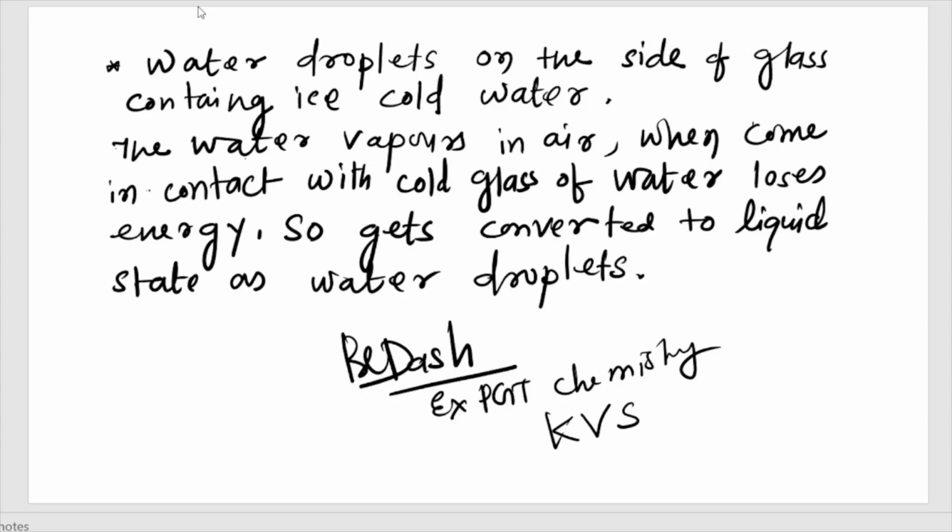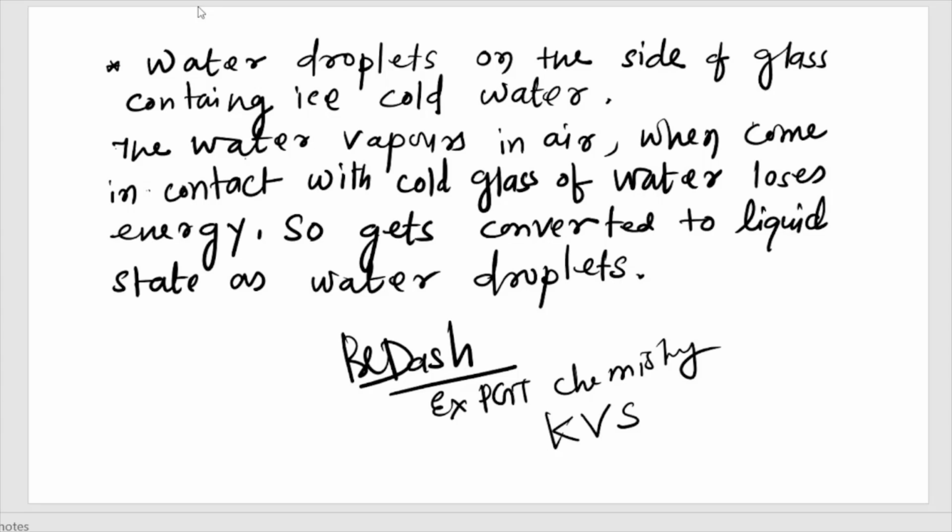Water droplets: you can observe water droplets on the outside of a glass containing ice cold water. Do it at home: take ice cold water in a glass, and observe after 5 or 10 minutes that droplets also come on the outer side. What happened? Water vapor in the air comes in contact with the cold glass of water, because cold water is inside the glass.